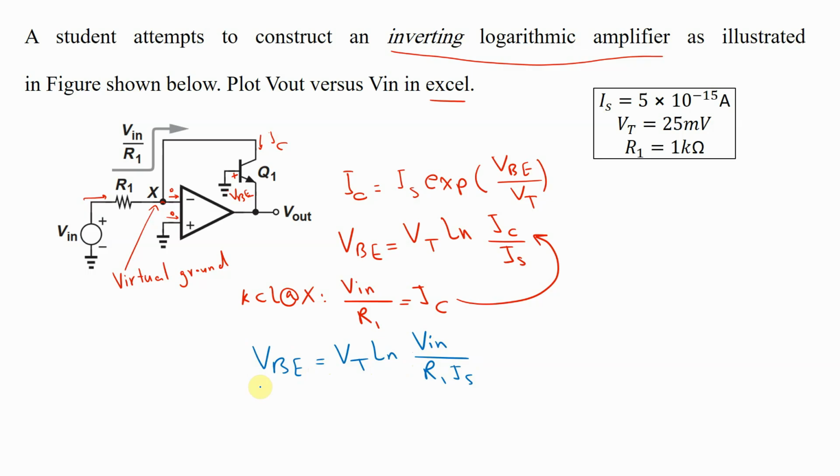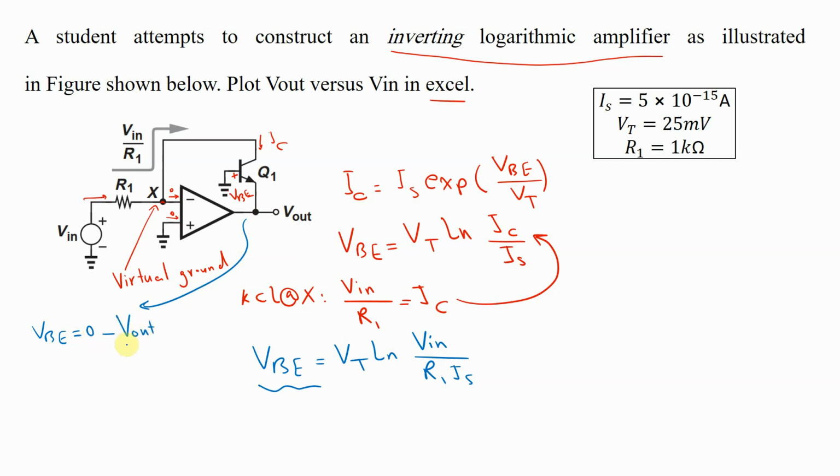Now, instead of VBE, we can set VBE here, because I'm gonna derive an equation which shows the relationship between V out and V in. So here VBE is equal to the base voltage, which is 0, minus the emitter voltage, which is actually V out.